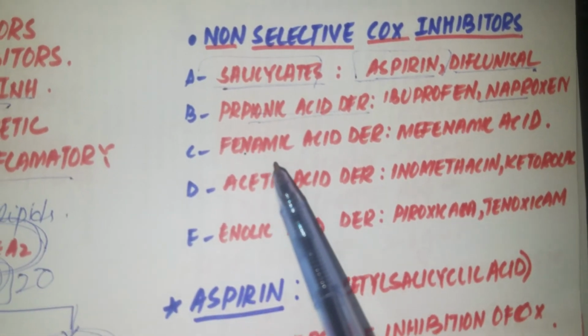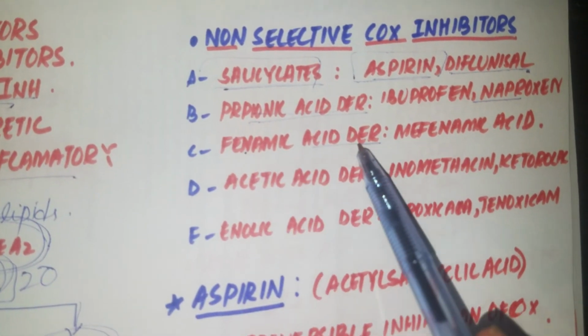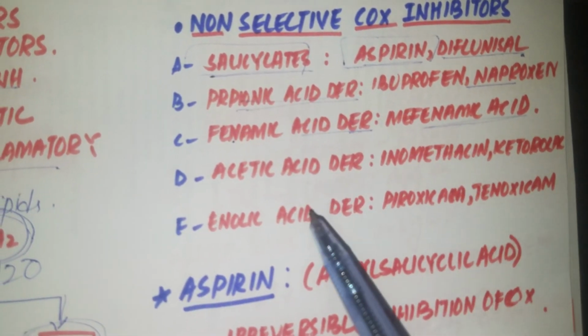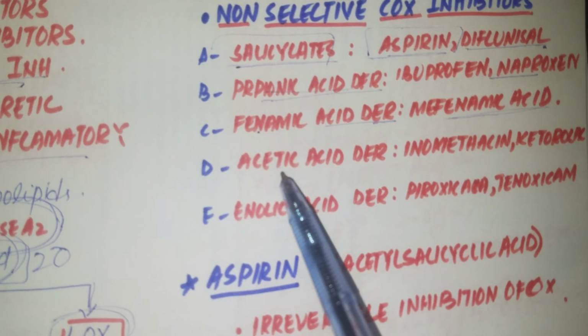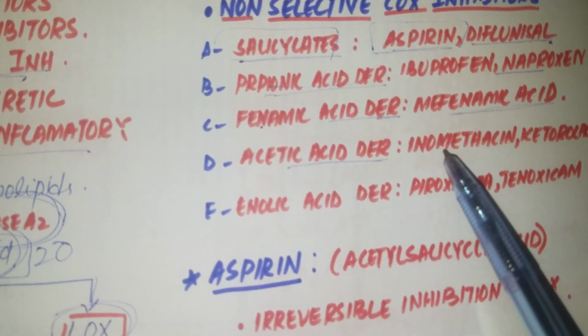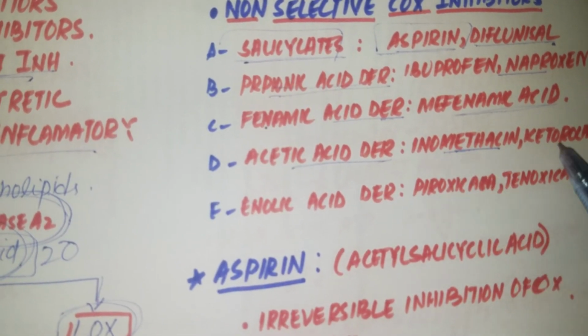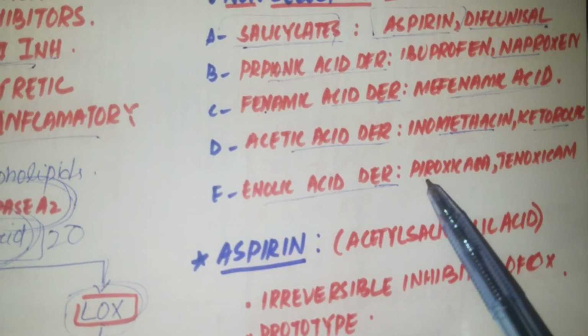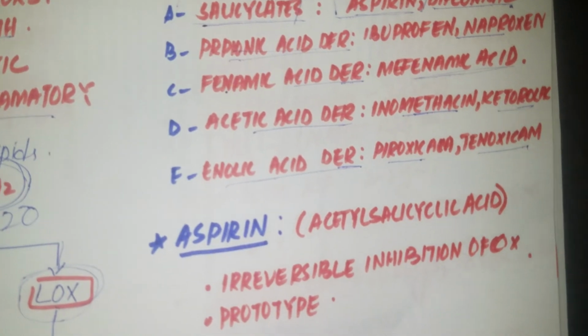The third one is the fenamic acid derivatives, which include mefenamic acid and flufenamic acid. The fourth one are the acetic acid derivatives, which contain indomethacin and ketorolac. The fifth one are enolic acid derivatives, which are piroxicam, tenoxicam, and lornoxicam.